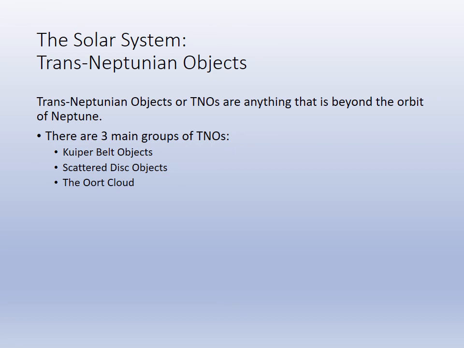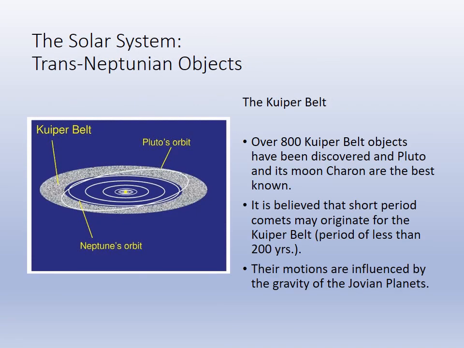Trans-Neptunian objects are objects that are beyond Neptune. The Kuiper Belt, the scattered disk, and the Oort cloud we'll touch upon. The Kuiper Belt are objects, and Pluto actually is a Kuiper Belt object with its moons.